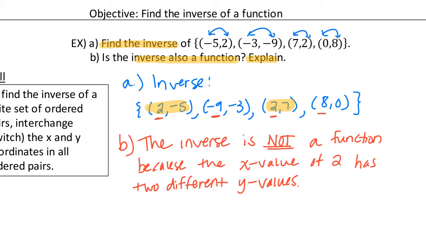Because my x value of 2 is repeated with 2 different y values, then it's not a function. It's not a 1-to-1 ratio, so it's not a function.